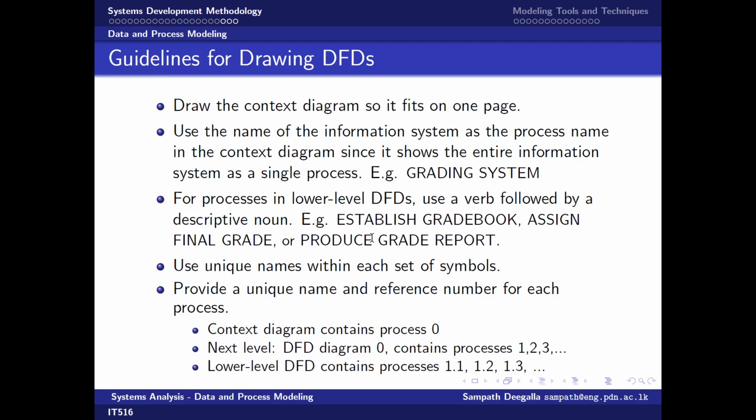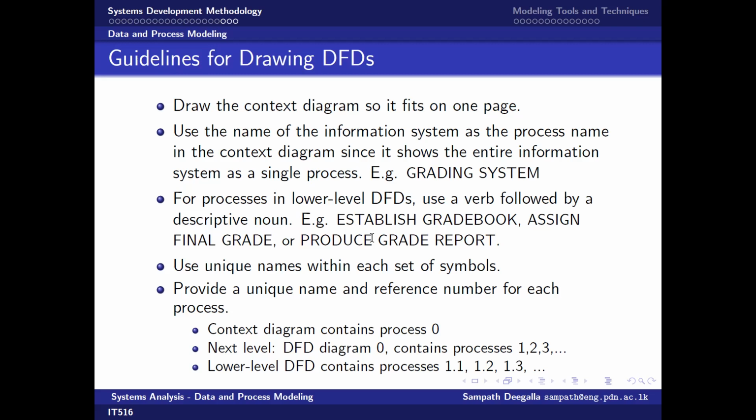And when you want to go into more detailed levels, we normally call them lower level data flow diagrams, right? We can talk about them in detail. For example, under the Grady system, you can have multiple processes like establishing a grade book, which means you enroll the students and then create grading books for them.